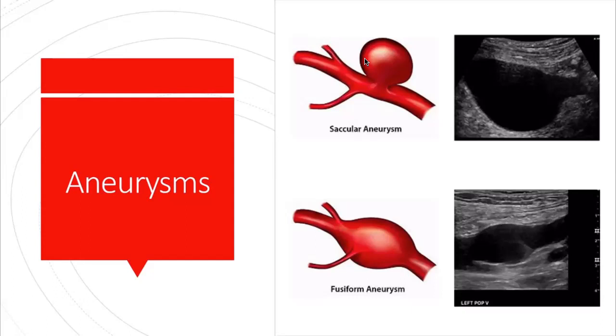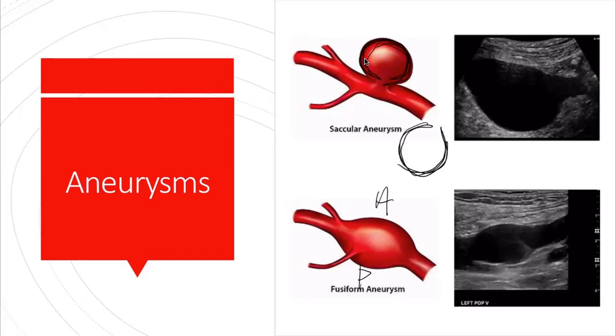True aneurysms are classified as being fusiform, saccular, or ruptured. Fusiform and saccular just have to do with the shape. Fusiform is a spindle shape, which means both the anterior and the posterior walls are bulging outward, whereas saccular is only one wall, so it's always a unilateral dilation. In this case it's anterior, but it could also be the posterior, like a bulge at the bottom of the vessel.